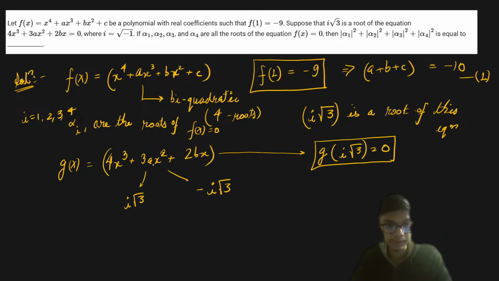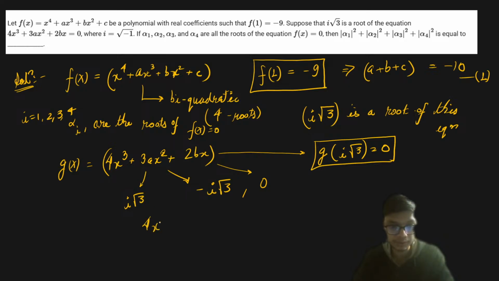Oh, sorry. You can take x as common, so one of the roots will also be equal to 0, right? So these are the three roots of this equation g of x equals 0, right?